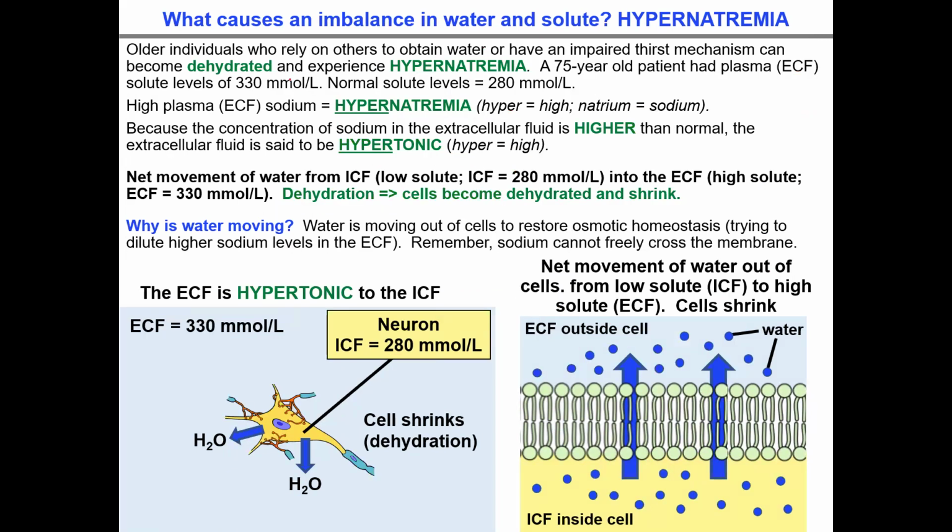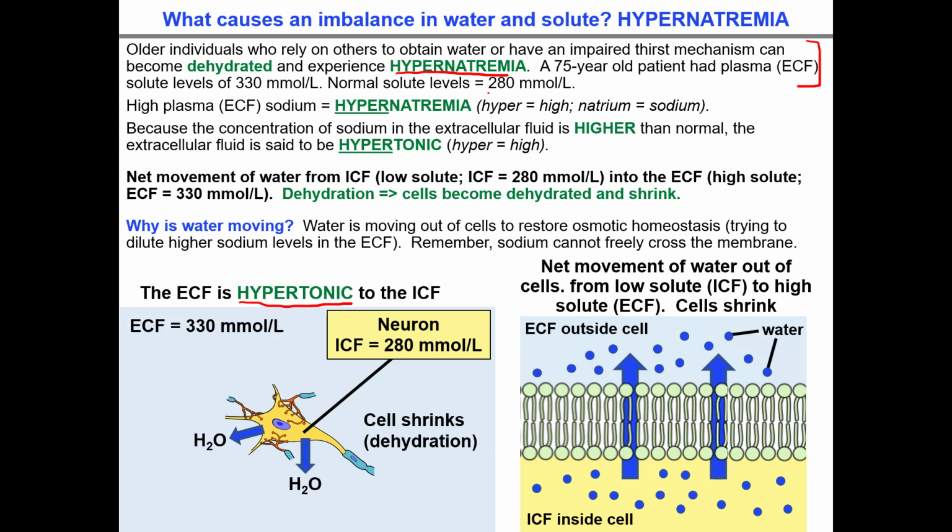Okay, so our last one is going to be known as our hypertonic solution. In this case, we're going to take a look again at our case study. Older individuals who rely on others to obtain water or have an impaired thirst mechanism can become dehydrated and experience hypernatremia. A 75-year-old patient has plasma, extracellular fluid solute levels at 330 millimoles per liter.